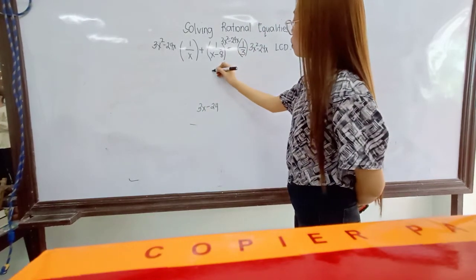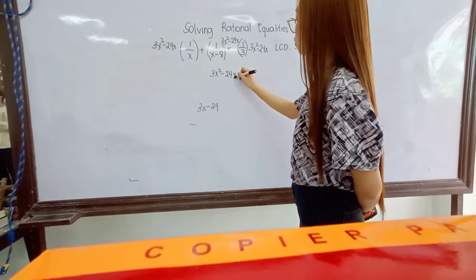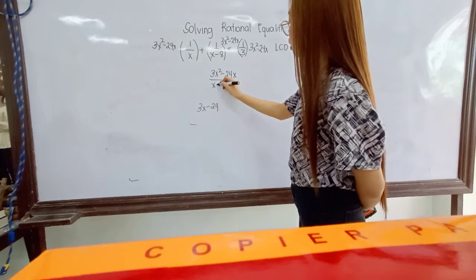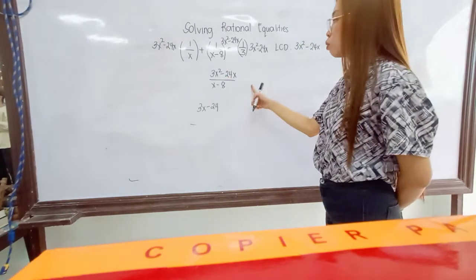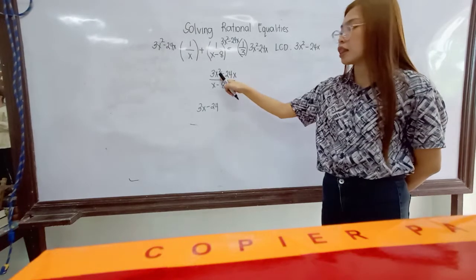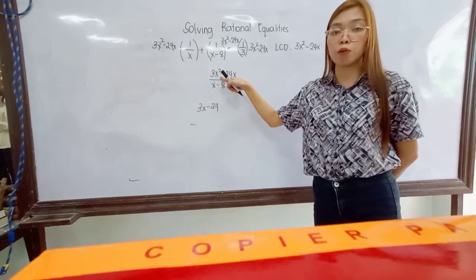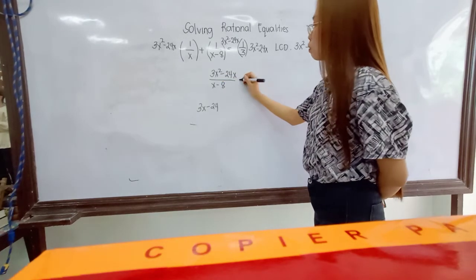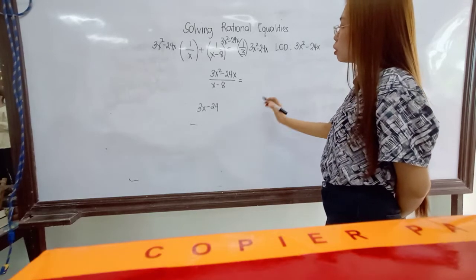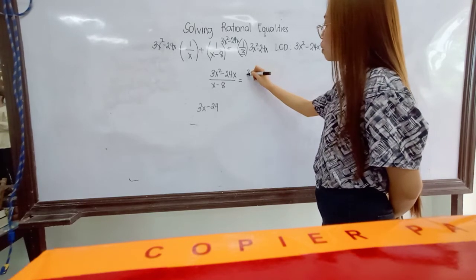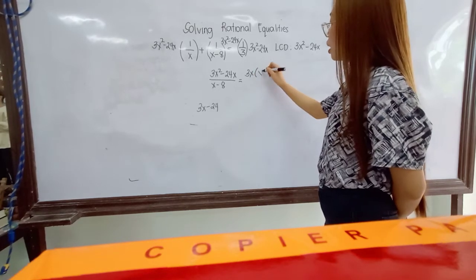Next. So, doon tayo sa pangalawang term. We have 3x squared minus 24x over x minus 8. The same with what we did a while back, we also have to factor out the numerator, and then observe if there is something that we can cancel out. So factoring out the numerator, we will have 3x times x minus 8.